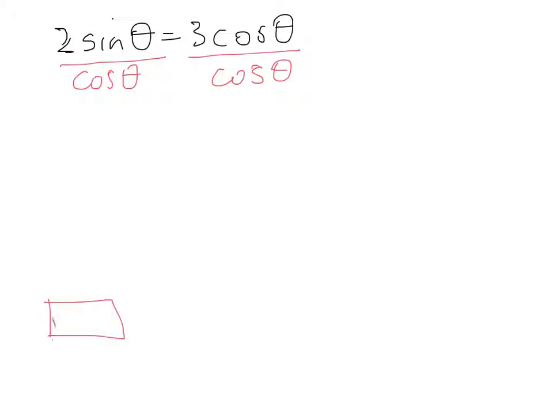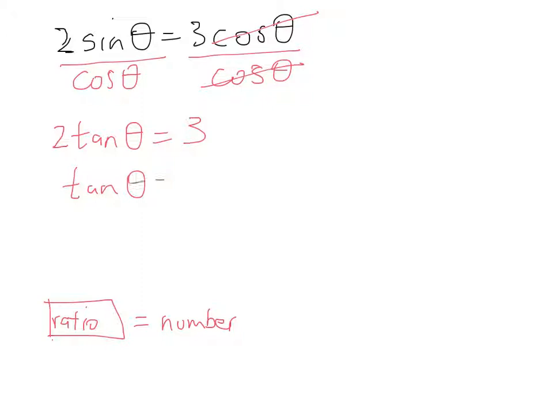My aim is to end up with a ratio equals a number. And I can solve that by shifting on the calculator or using an exact value. So what would I end up with here? Well, cos theta on cos theta, that's just like a normal division. And I end up with, well, sine theta on cos theta is just tan theta. So I end up with 2 tan theta equals 3.